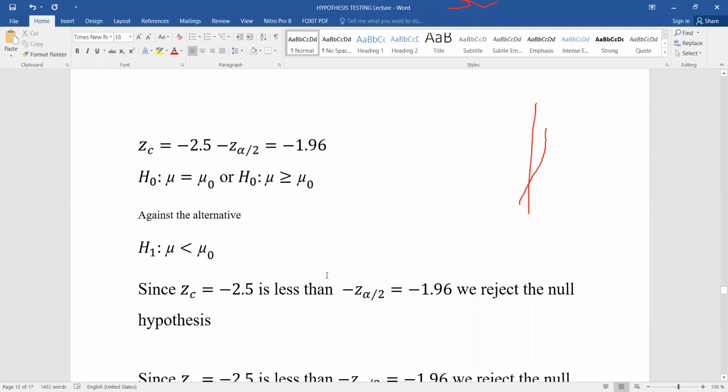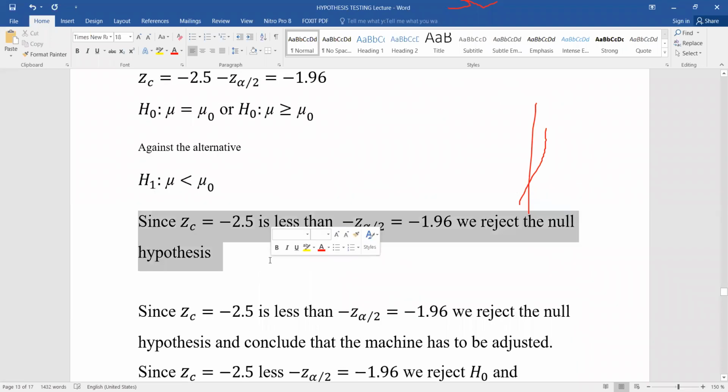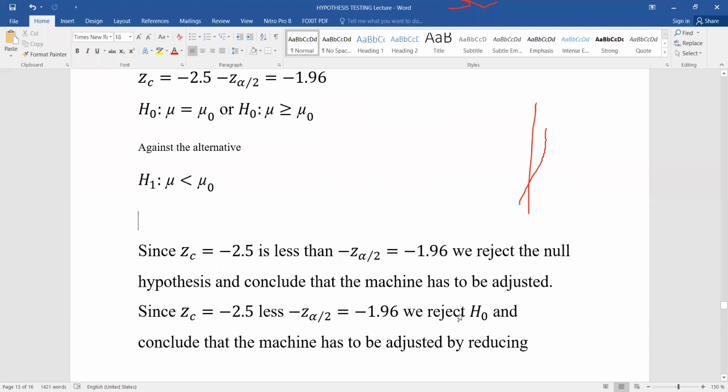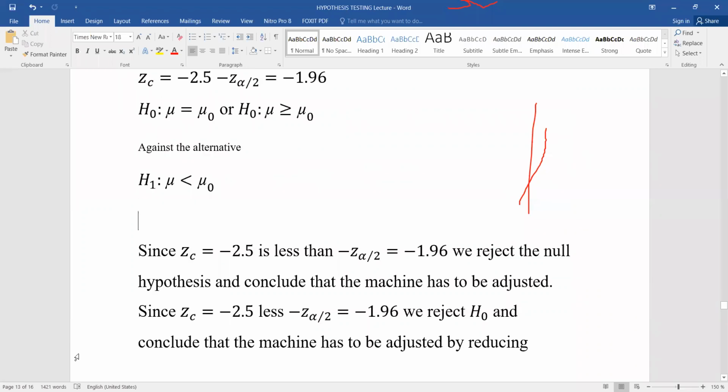Since it is less than that, we reject the null hypothesis and conclude that the machine has to be adjusted.